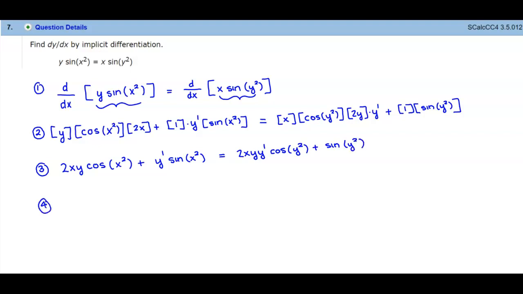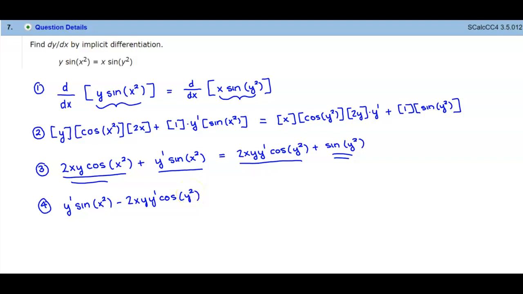Okay, our next goal is to isolate the y primes on one side of the equation. So we're going to isolate these two on the left side, and then these two are going to be on the right side of the equation. So we have y prime times the sine of x squared, and then we're subtracting 2xy y prime times the cosine of y squared.